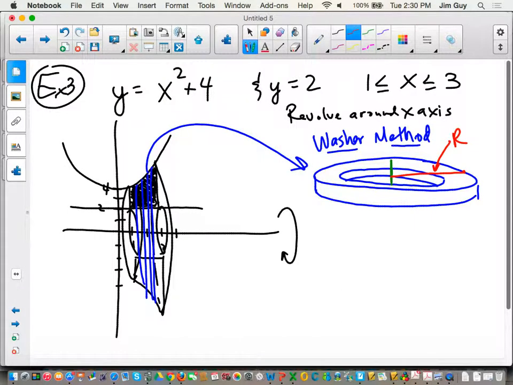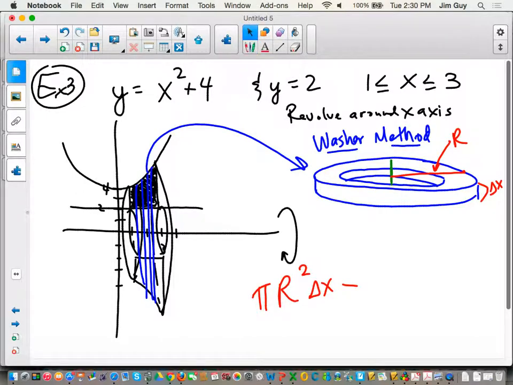So the whole thing, well, pi times big R squared. The thickness is still delta x for this problem. So delta x, that would be the entire thing, just ignoring the hole, minus the hole. So for the hole, we have a radius also.